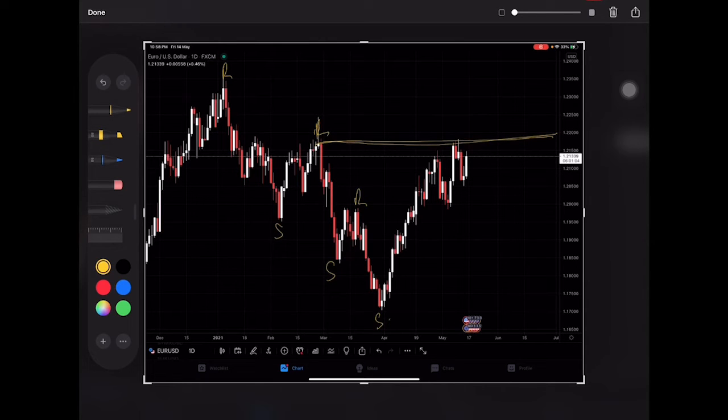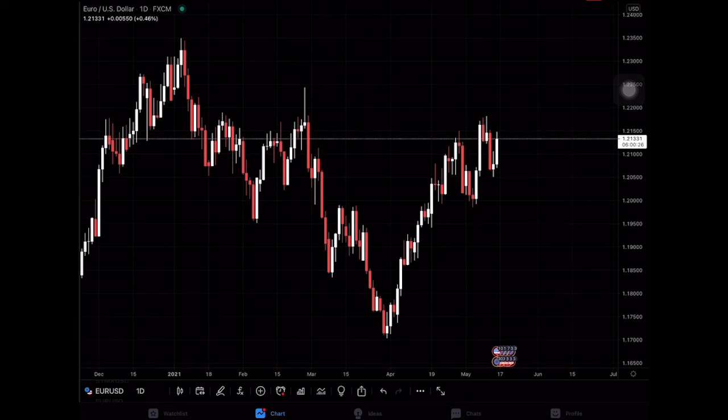This resistance has been rejected, but it didn't break any support. There's another support here, it did not break here. So as long as the market structure remains in the uptrend, we must find what? Uptrend, we must find buy. So that's the direction that you guys need.